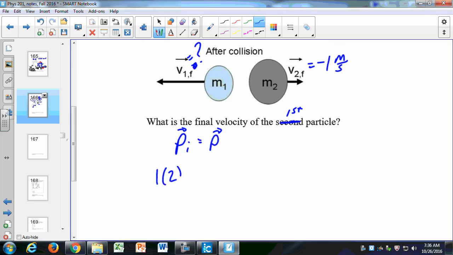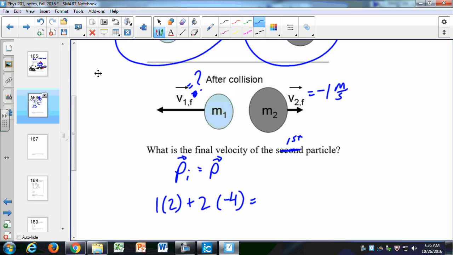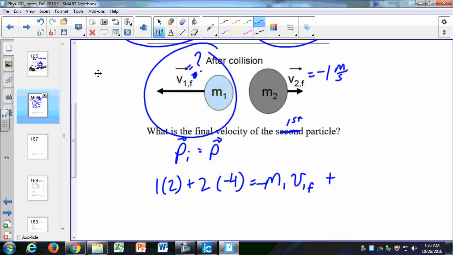And then that's equal to the momentum of this particle, which is m1 v1f, plus m2, which was it 2 kilograms? 2 kilograms times -1. And then we solve for v1f.